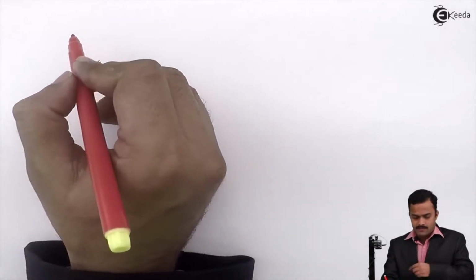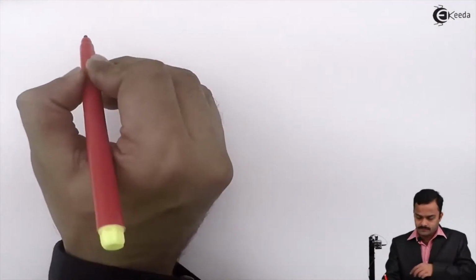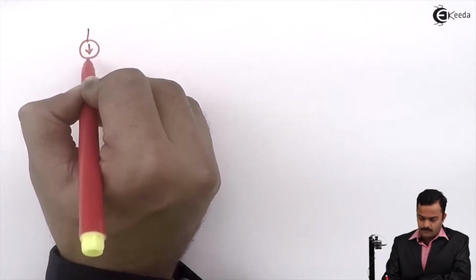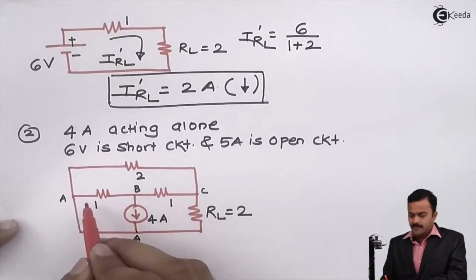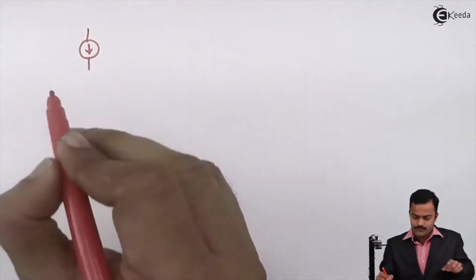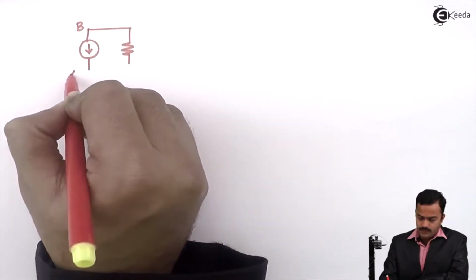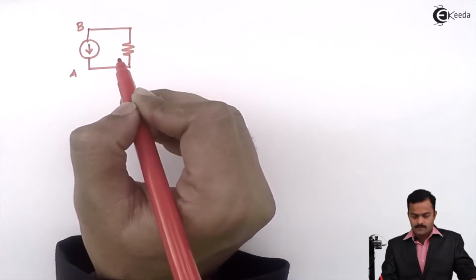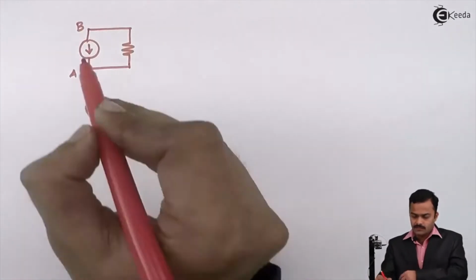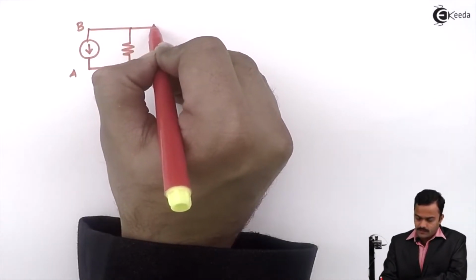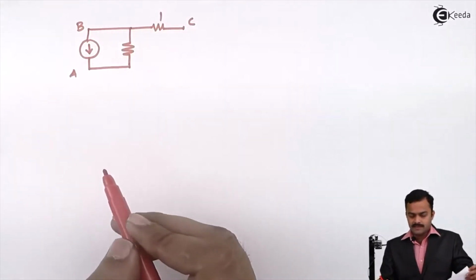So let's start from B to A. I am having a current source, and B to A I am having a resistance of 1 ohm also. So it will be like this, B to A. From B to C I am having 1 ohm resistance once again. So I will consider this point as C, where B to C 1 ohm resistance is there.